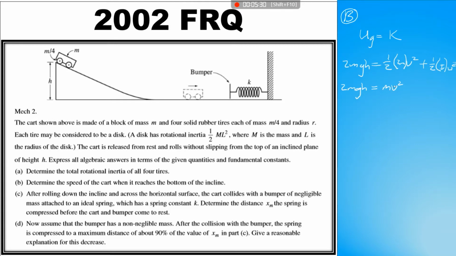It's 1/2 big M L squared, plus 1/2 I omega squared. L is the radius of the disk. My radius is R, so I'm going to sub for that.